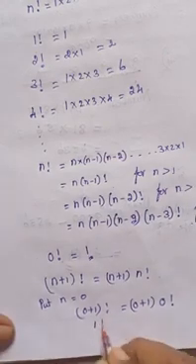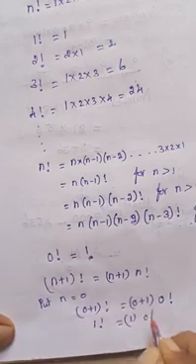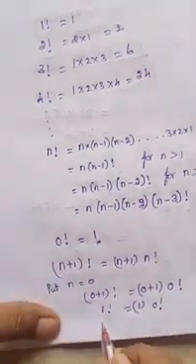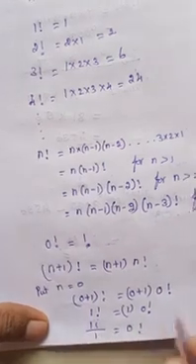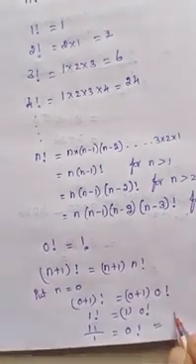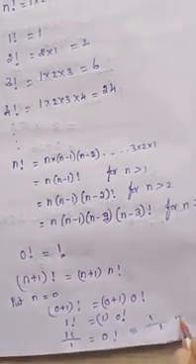Actually, this is 1 factorial equal to 1 into 0 factorial, or 1 factorial by 1 is equal to 0 factorial. We know that 1 factorial is 1 by 1. So 0 factorial is equal to 1.